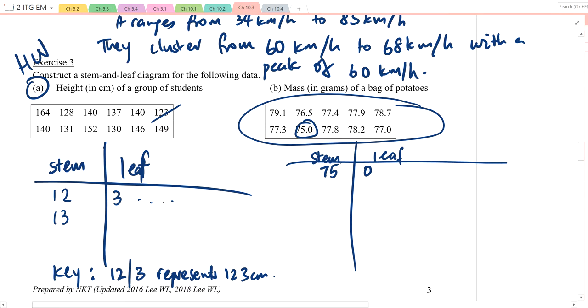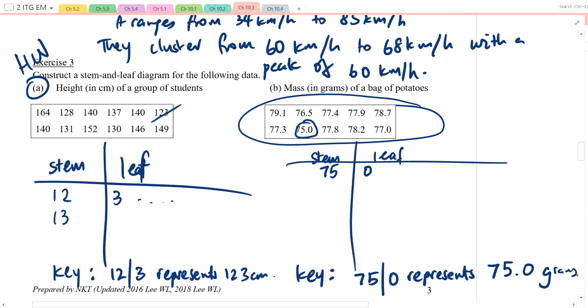Does this make sense to you? Okay, now in this case, are you tempted to put a decimal point? Actually, you don't need to. That's why the key is very important. I can leave it like this, and I say the key shows 75-0 represents 75.0 grams. Understand?